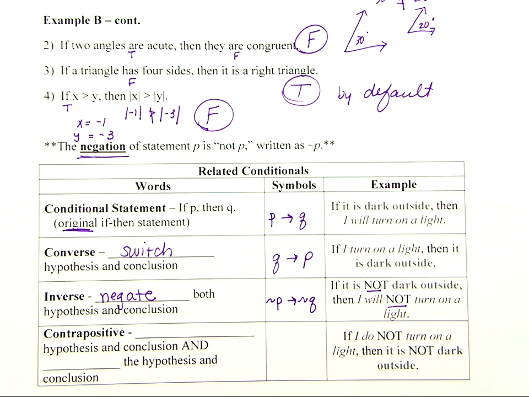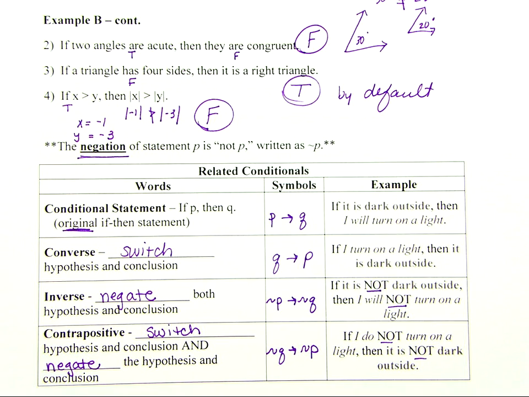And finally, the contrapositive is where we switch the hypothesis and the conclusion and negate. It's like we're taking the converse and negating it. This is going to say, if not Q, then not P. If I do not turn on a light, then it is not dark outside.